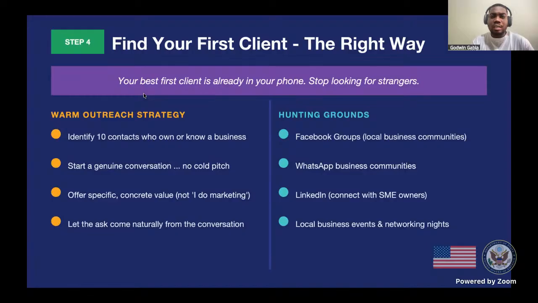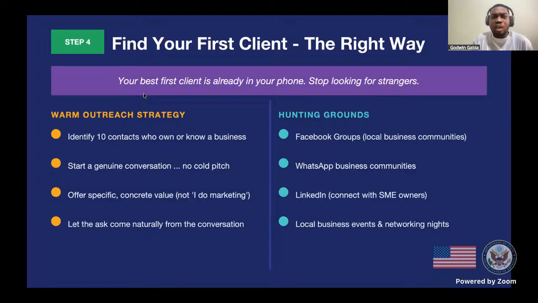Now, to do that, you need to identify 10 contacts who own or know a business. And again, I had already spoken about this in the previous slides that I don't think it is difficult for you to find 10 people in your contacts. Some of you have thousands of contacts. When you post on your WhatsApp, you get hundreds of views, and generally, just a percentage of people on your contacts will likely see your status in a day.